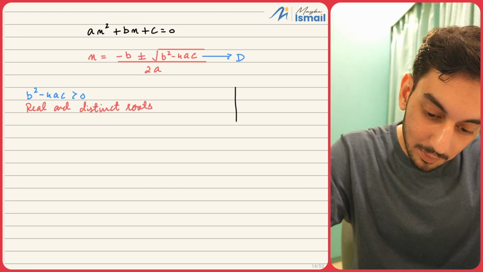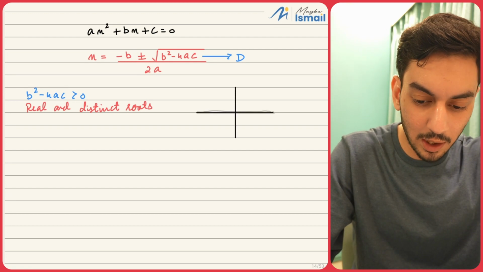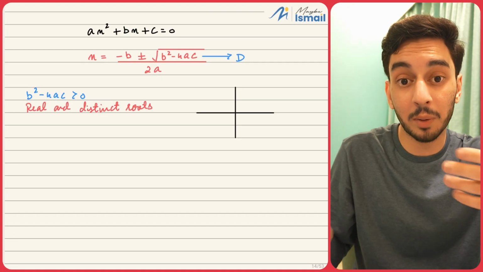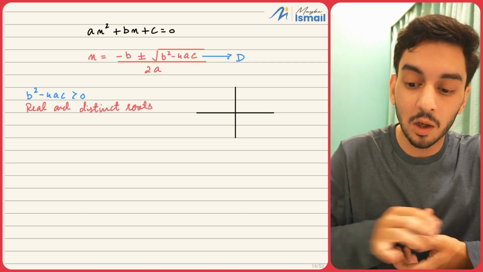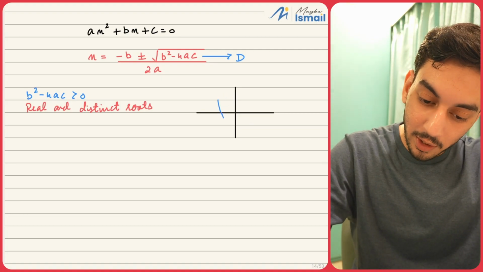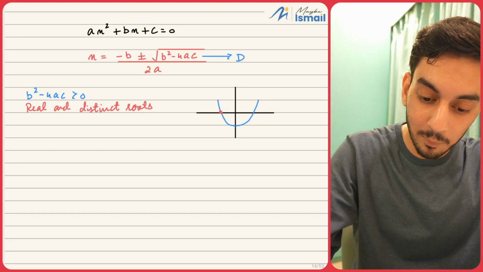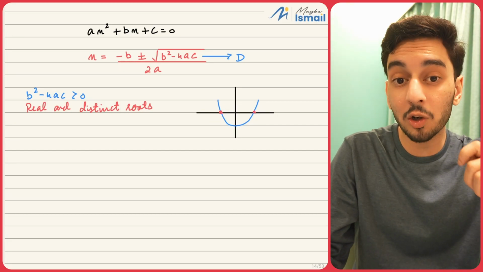What does it signify? It signifies a very basic thing, that any quadratic equation just gives us a parabola. That's the graph of a quadratic equation. If I have real and distinct roots, the parabola will intersect the x-axis at two separate positions, and those are the two values of x.